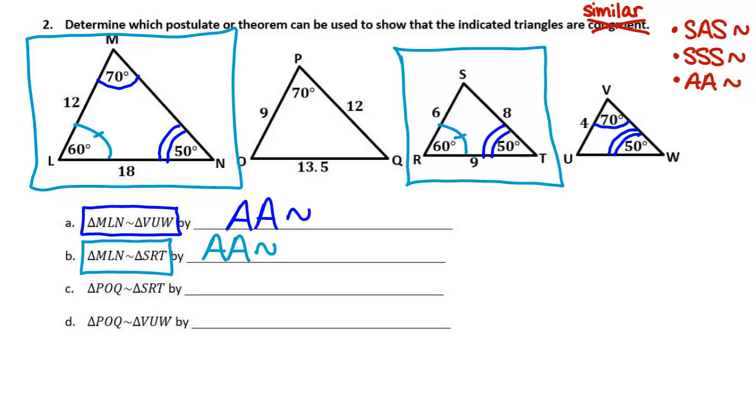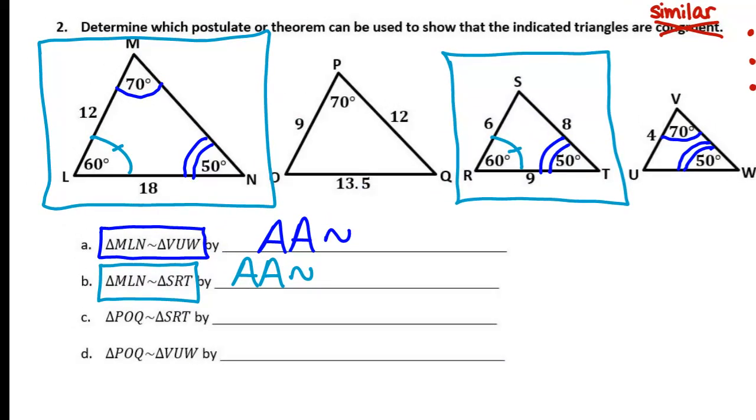Could I use side, side, side similarity? I have all three sides here, but not on the other one. We don't know how big MN is, so I can't do side, side, side. Could I do side, angle, side? I think so. Let's look for an angle that they have in common, and then we have to know the two sides on either end of that angle.